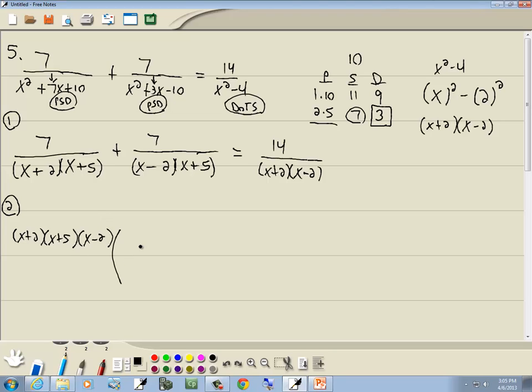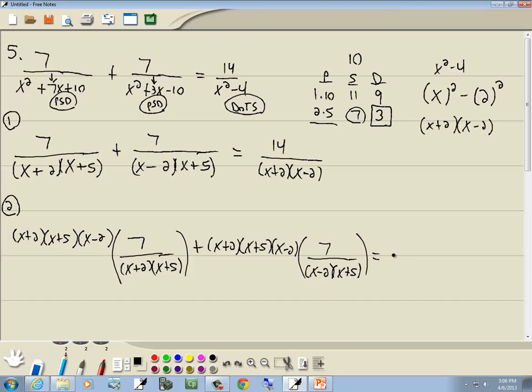So we'll multiply times our first fraction, and we'll multiply it times our second fraction, and then we'll multiply it times our fraction on the right side.